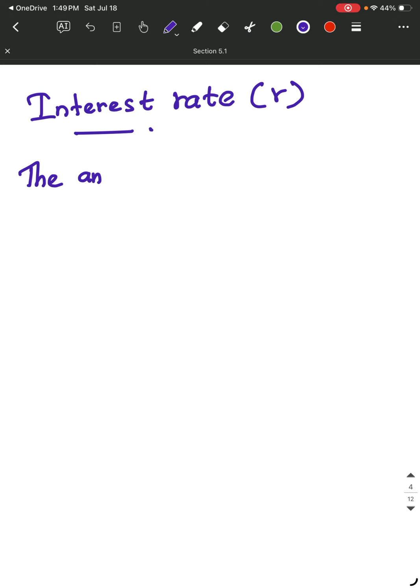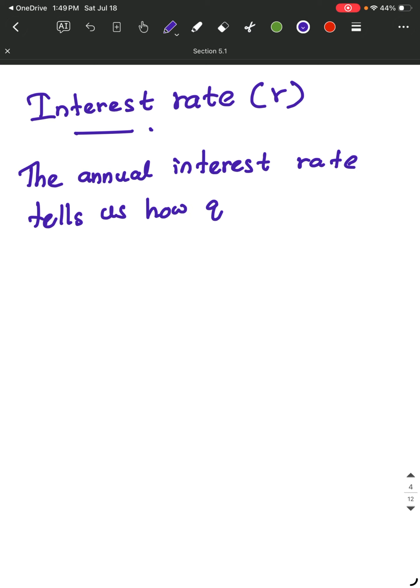The annual interest rate tells us how quickly money grows, right?